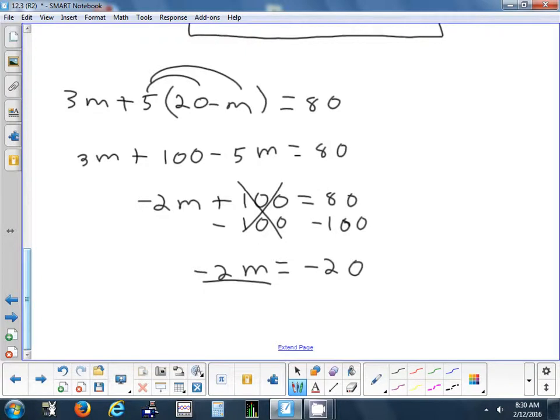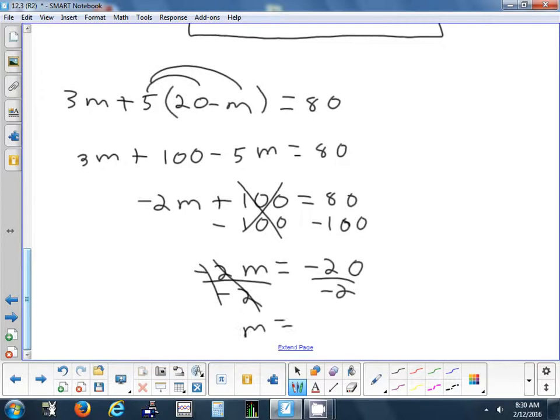Ryan, under that negative 2m, when Mr. Hager drew that line, what do you want on the right? Negative 2m. How about just negative 2? Is that okay? So you want to divide by the coefficient of m. What's in front of m?